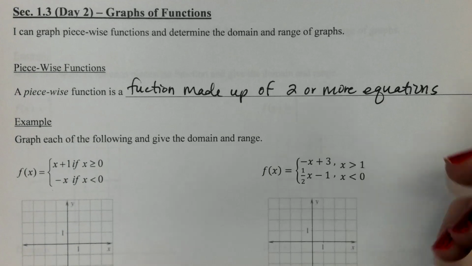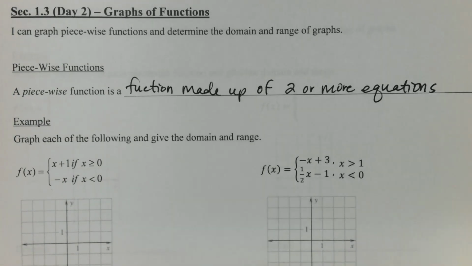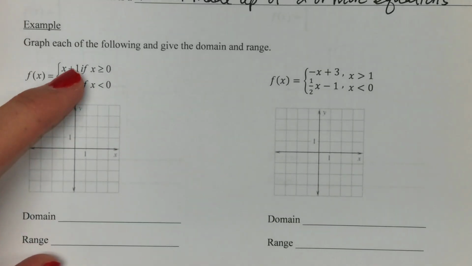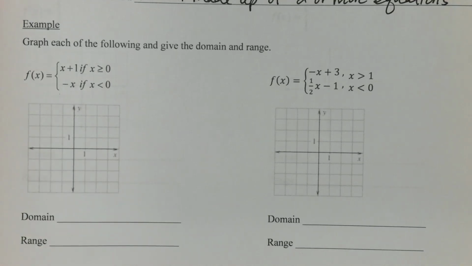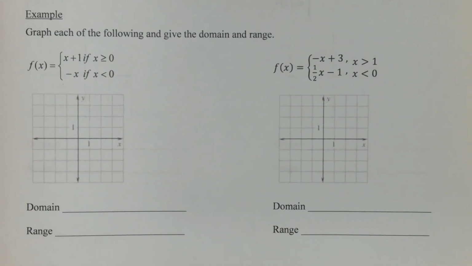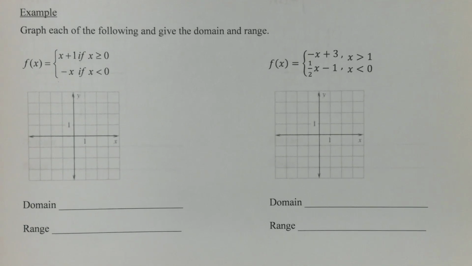So instead of maybe graphing just one equation at a time, as you can see here, we've got two equations at a time. And you can have several more than that. The most we'll ever do is 3, but all the examples we do today just have 2 in them. The thing that makes it piecewise is you're only going to look at parts of the graph.